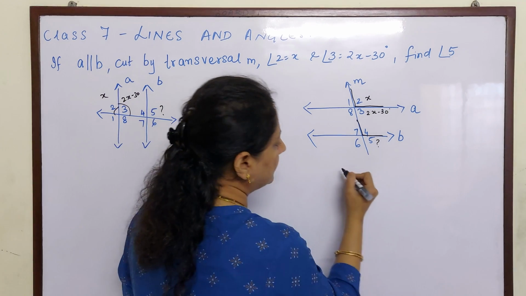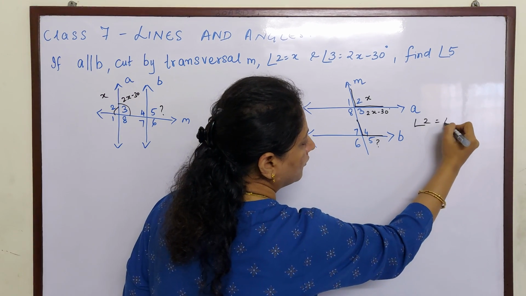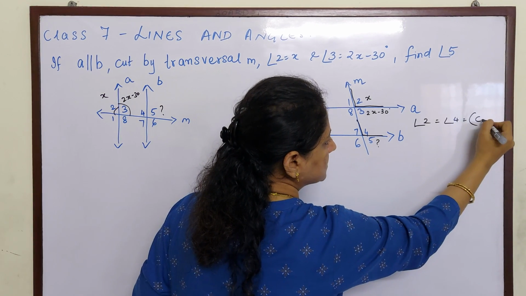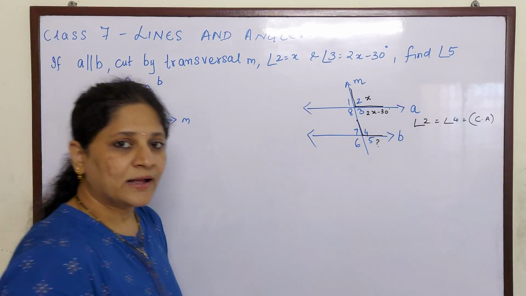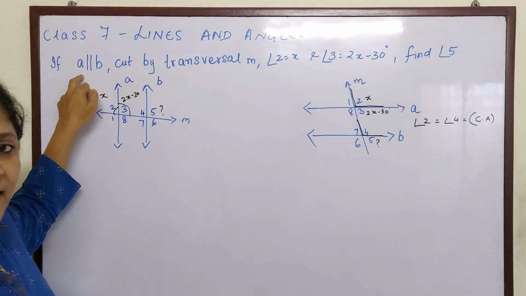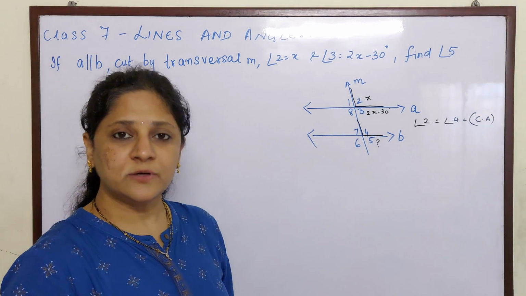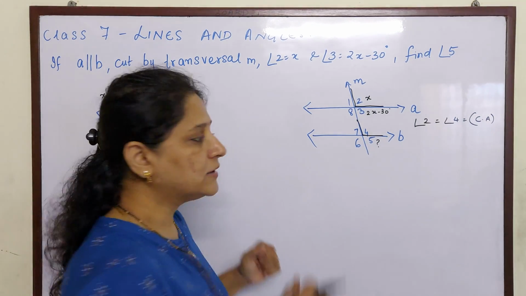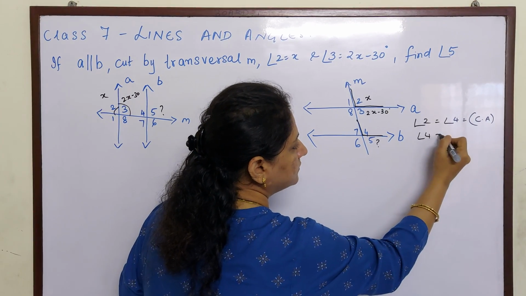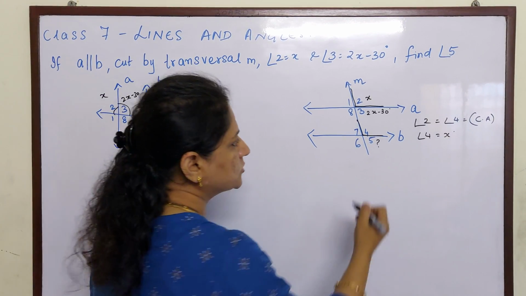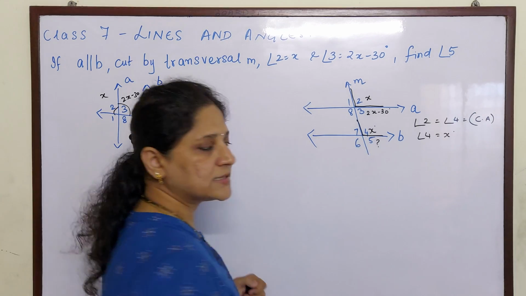Don't you think that angle 2 is equal to angle 4? Because they are corresponding angles. And they have given that it is parallel lines. That means the corresponding angles are equal. So if angle 2 is x, what is angle 4? Angle 4 is also x degrees, right? So I have got this also as x.